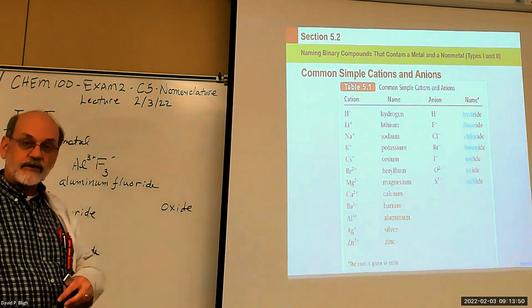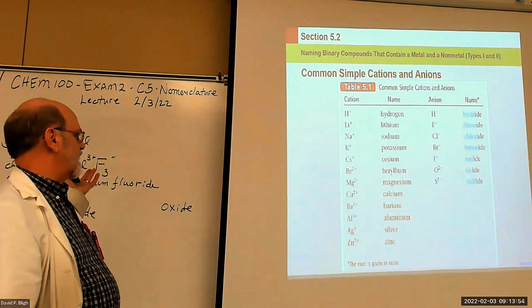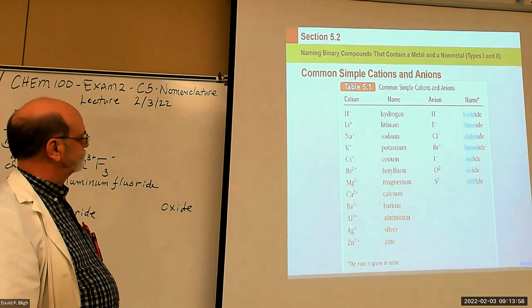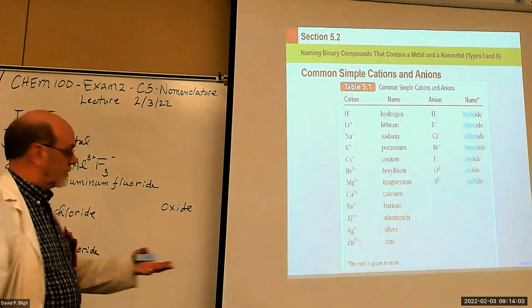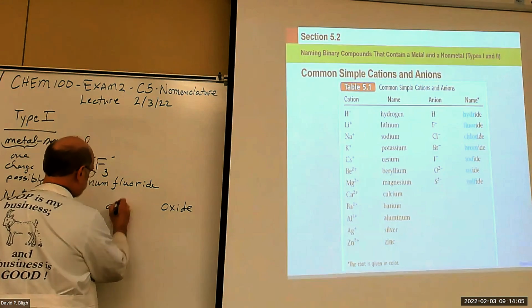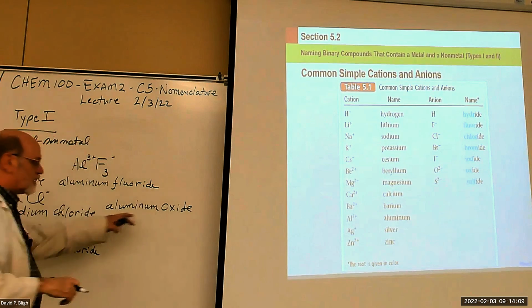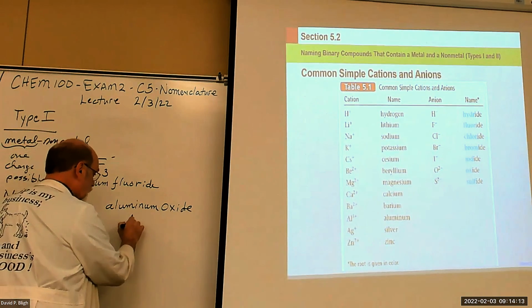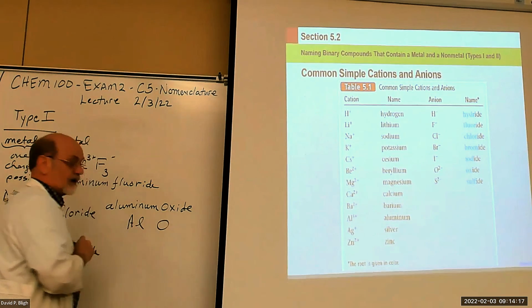All right, what do we want to do? What metal do we want to put with that? Let's say, let's do aluminum again. So aluminum oxide, you need the symbol for aluminum, and you need the symbol for oxygen in there.